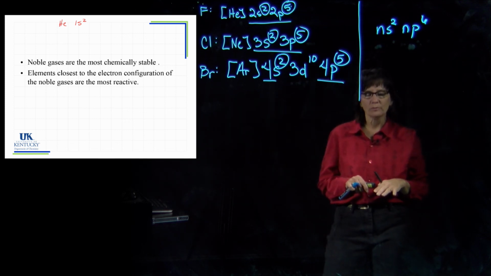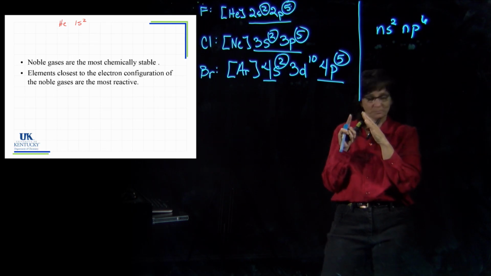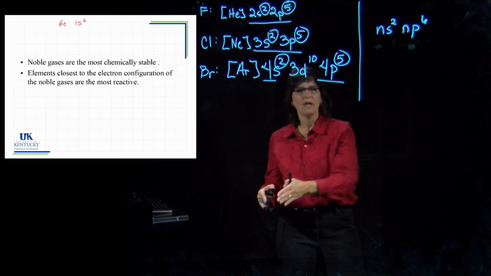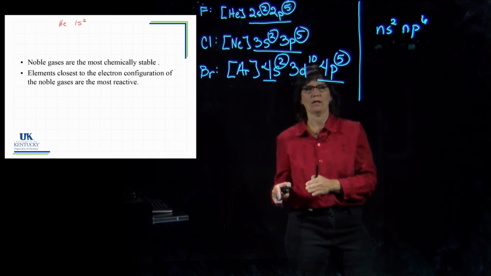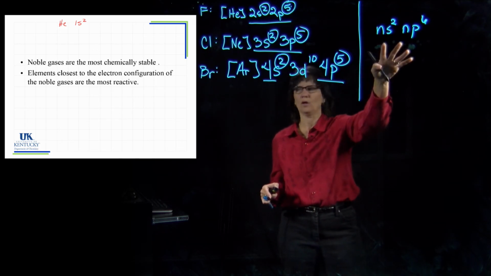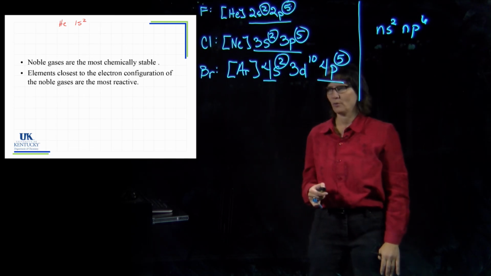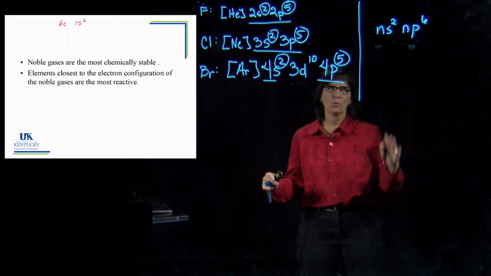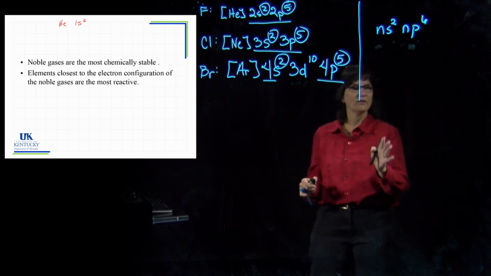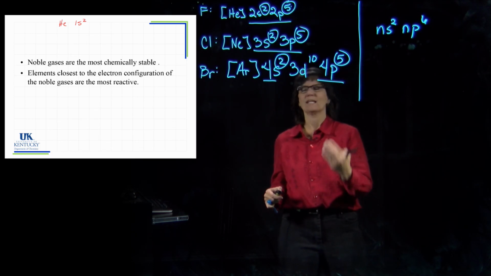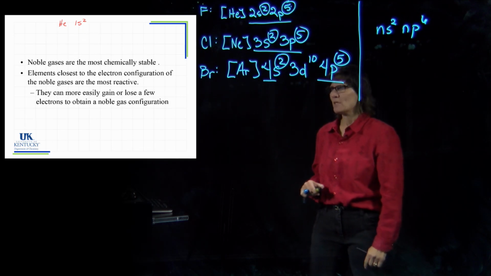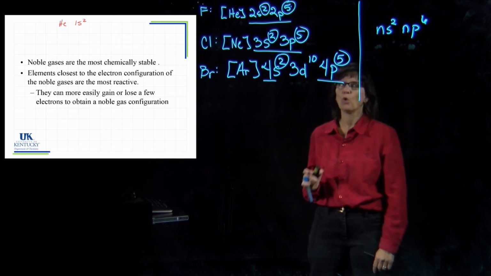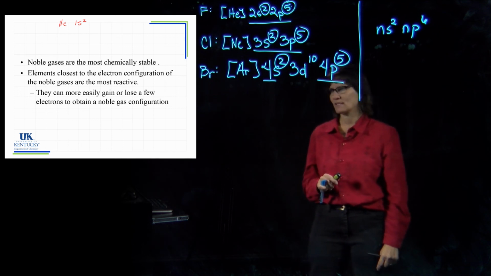The alkali metals, which are the metals in the first group over here on the periodic table, they only have to lose 1 electron, and they can readily get rid of 1 electron and get this noble gas configuration. So that is why they're the most reactive of the elements. As you move further away from the noble gases, they're less reactive. It takes more energy to get those to react. Okay, so that is why they can more readily gain 1 electron or lose 1 electron to get this noble gas configuration.